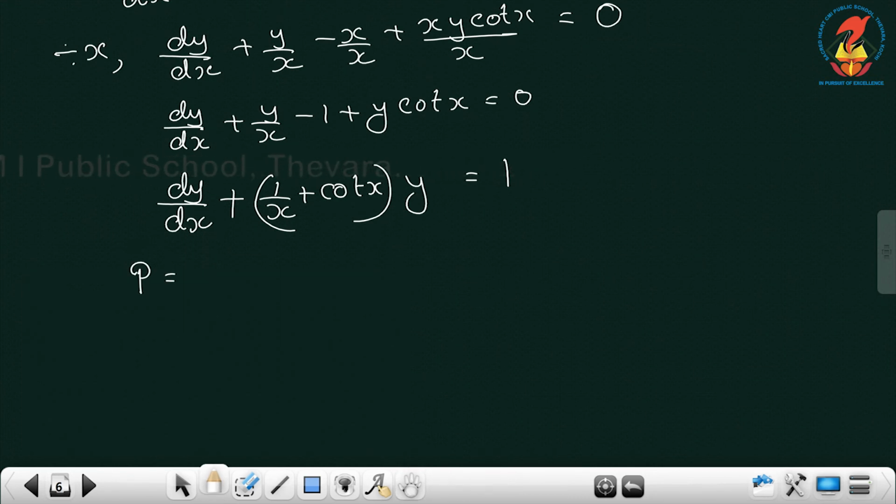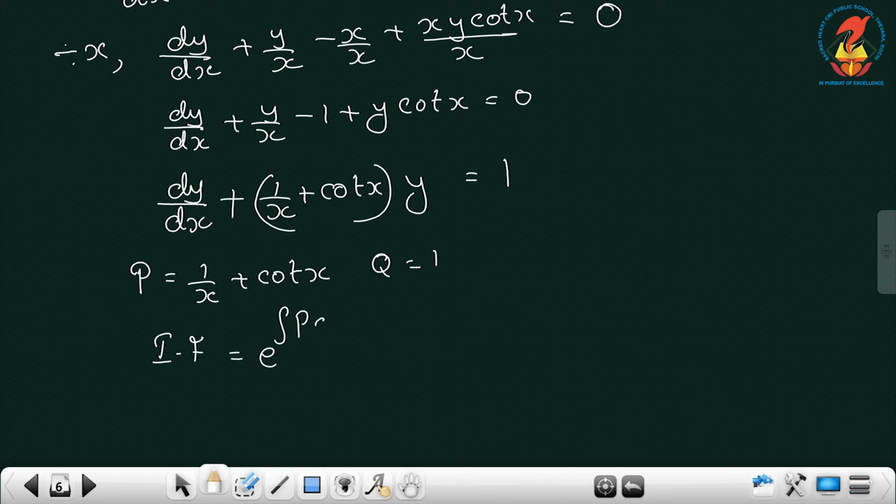So in place of P we have 1 by x plus cot x, and Q is 1. Now the integrating factor is e raised to integral P dx. That is e raised to integral of 1 by x plus cot x dx.